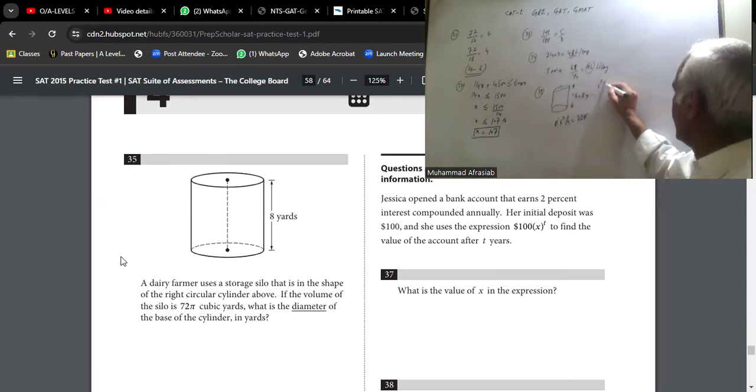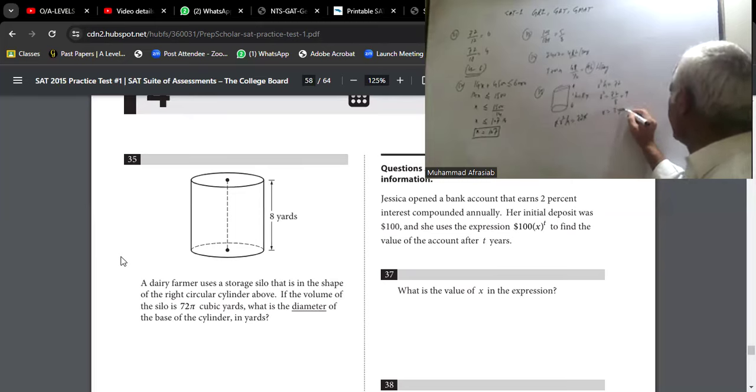So r squared h is equal to 72. Height is 8, so r squared is equal to 72 divided by 8, which is 9. So r is equal to 3 yards. So the diameter is twice the radius. So it is 2 times 3, that is equal to 6 yards.